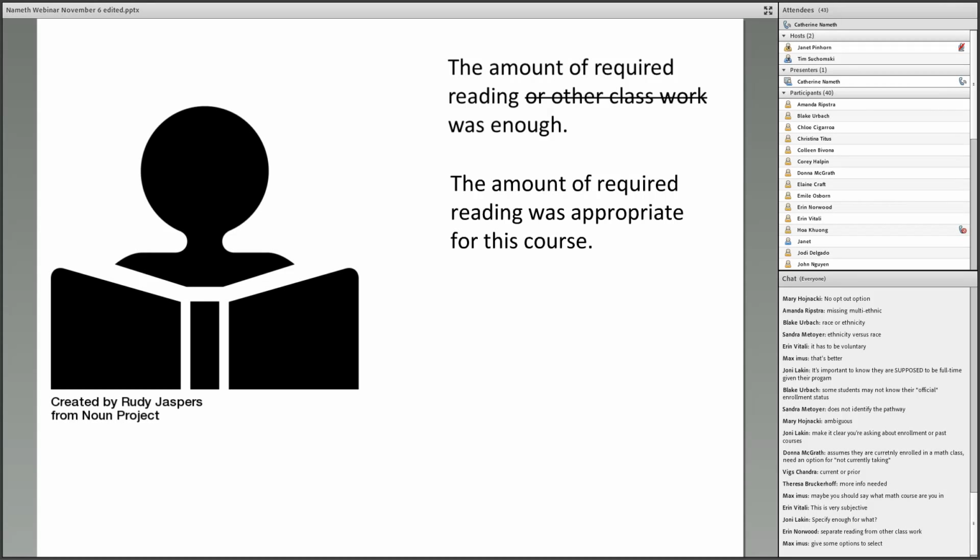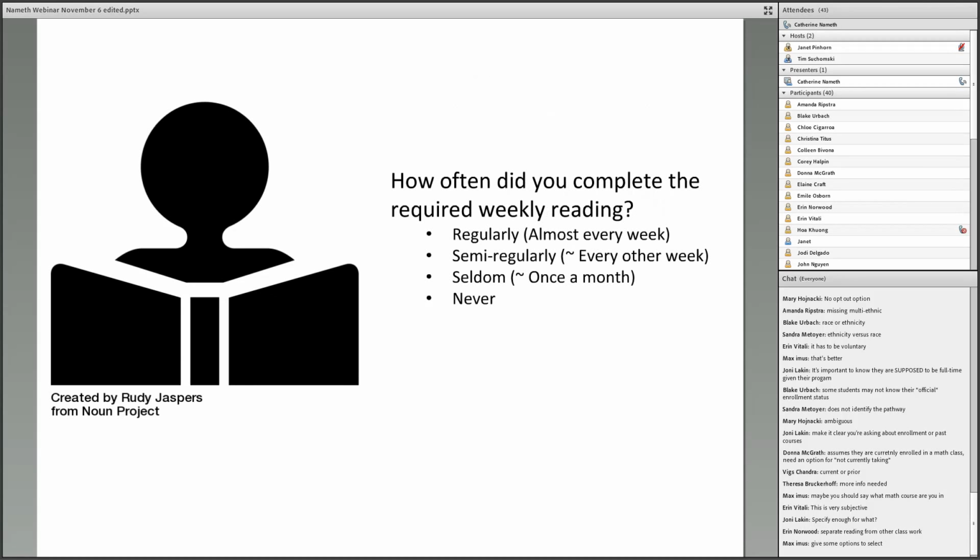But let's pause a moment and step back a few steps from asking students to agree or disagree with this prompt. And thinking again about required reading, we want to first think about student behavior. And by asking a prefacing question, we can obtain specific information on student behavior. So how often did you complete the required weekly reading? Or you can modify for this course depending on your courses where you are.